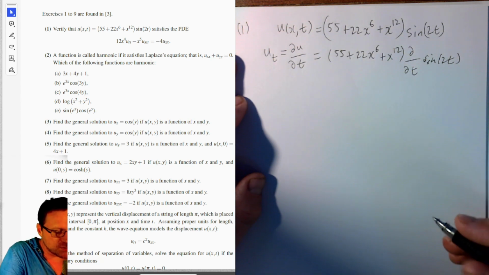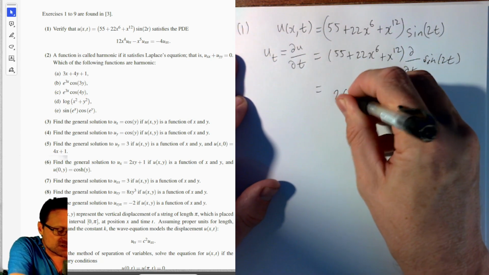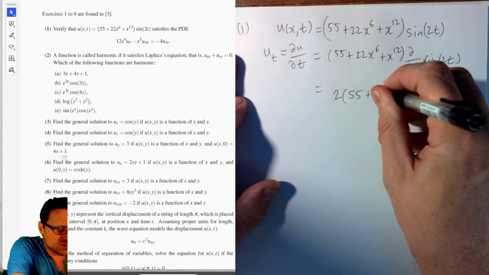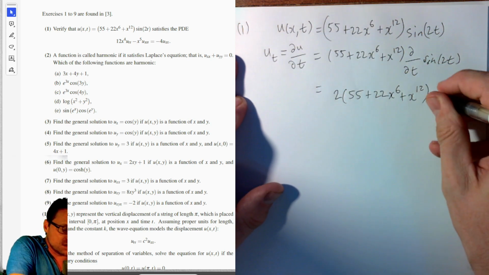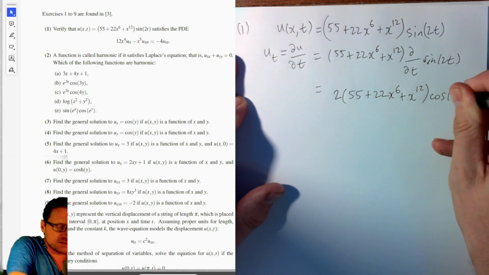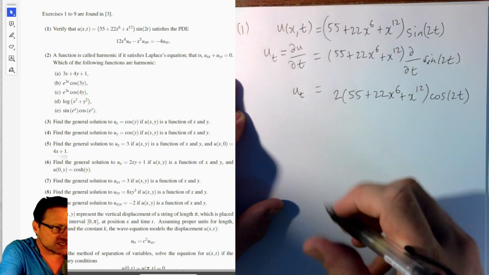So we end up with an extra 2 here. So 2 outside of 55 plus 22x to the 6th plus x to the 12th, cos of 2t. Okay, so this is u subscript t.